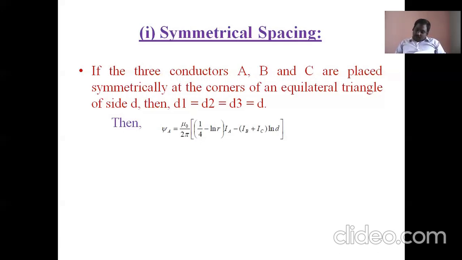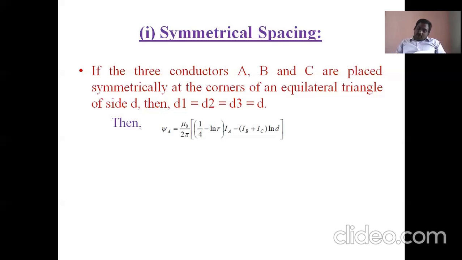So mu naught by 2 pi, 1/4 minus natural logarithm of r into Ia, and here minus Ib plus Ic natural logarithm of d.